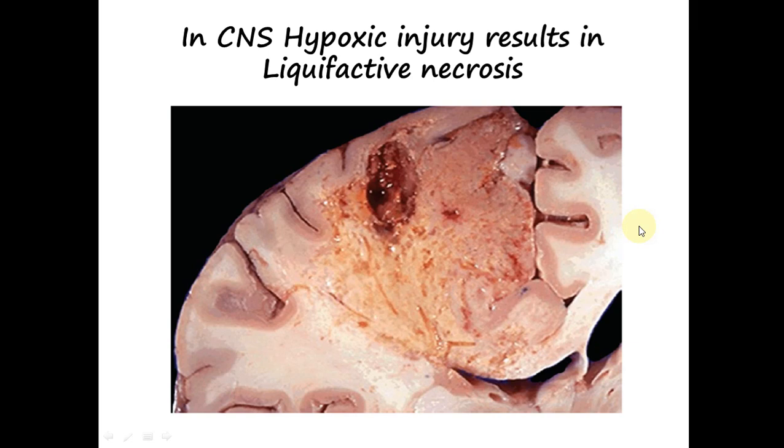We know that hypoxic or ischemic injury to a tissue may result in coagulative necrosis. But the exception is the central nervous system, the brain, where ischemic or hypoxic injury will always result in liquefactive necrosis, and there will be no coagulative necrosis.